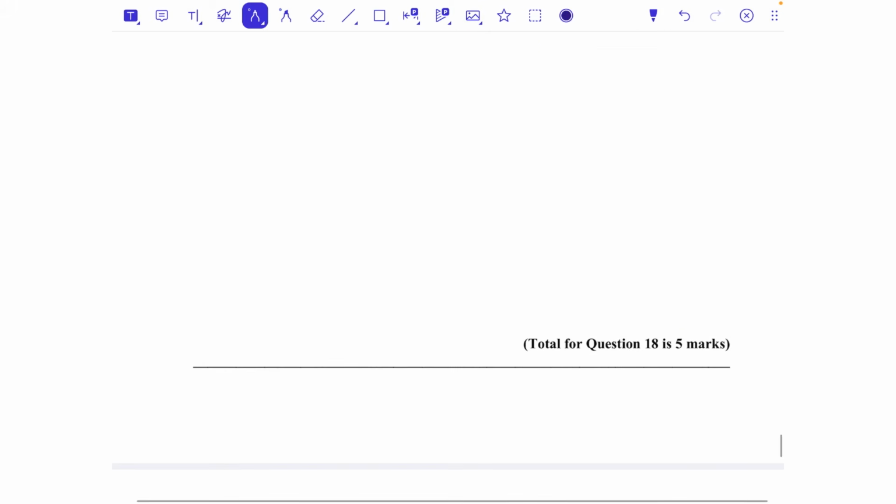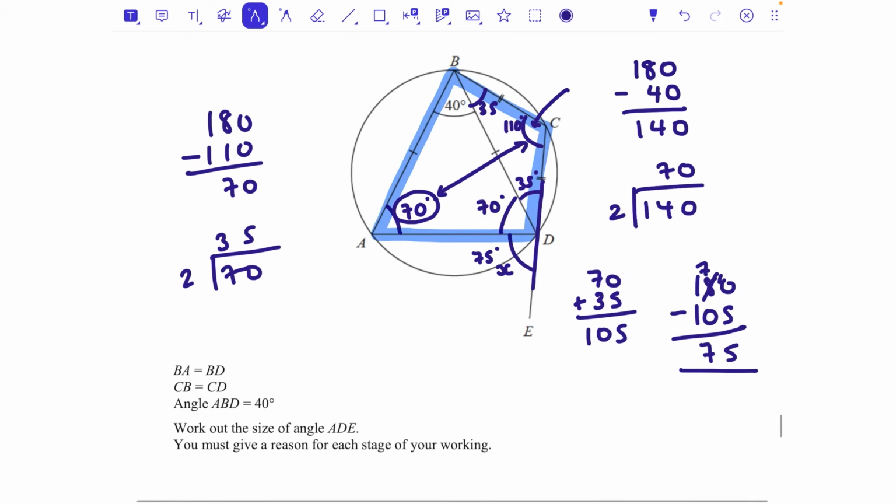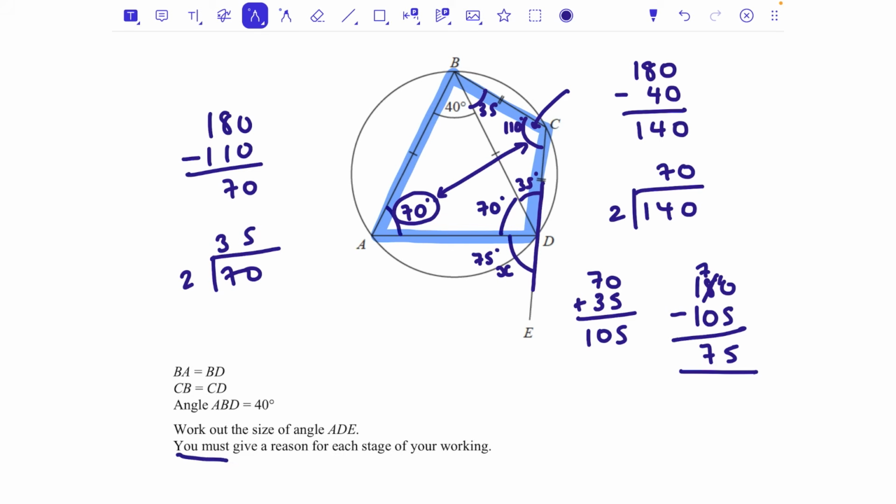So that's great. That would probably get me 3 marks, but I'm going to lose 2 marks because at the minute I've not given a reason for each stage of my working. So what have we used? We used angles in a triangle add up to 180.